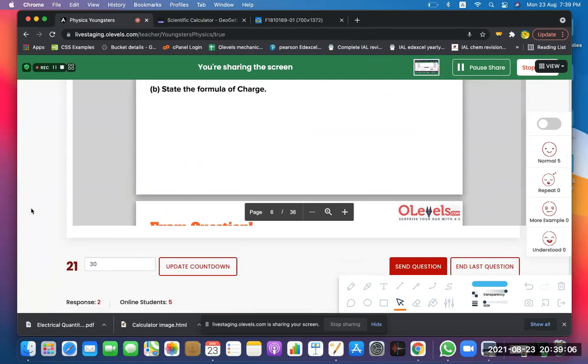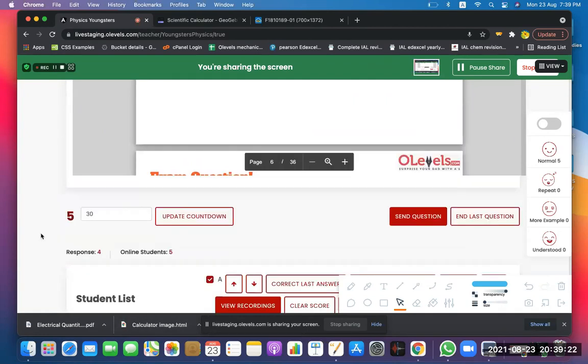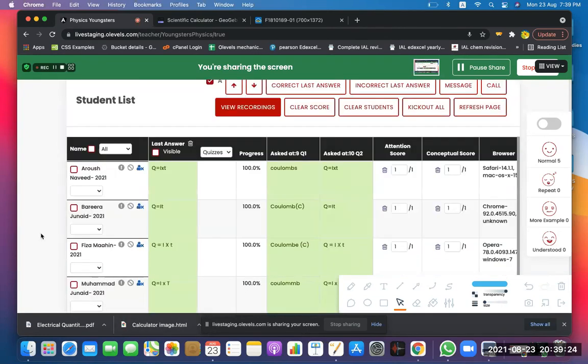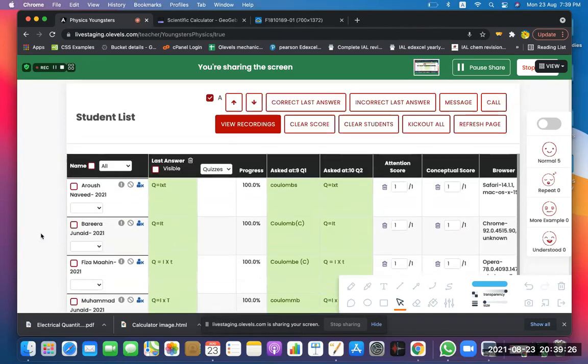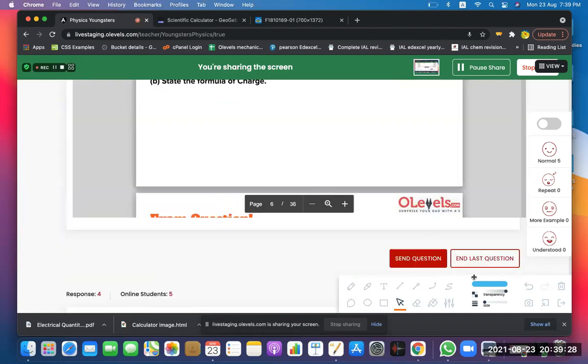You have to write down the formula of charge. Very good. Seems like everyone has answered.